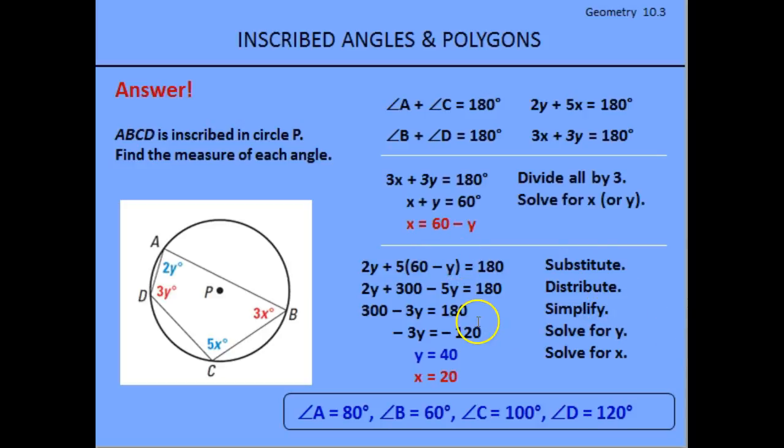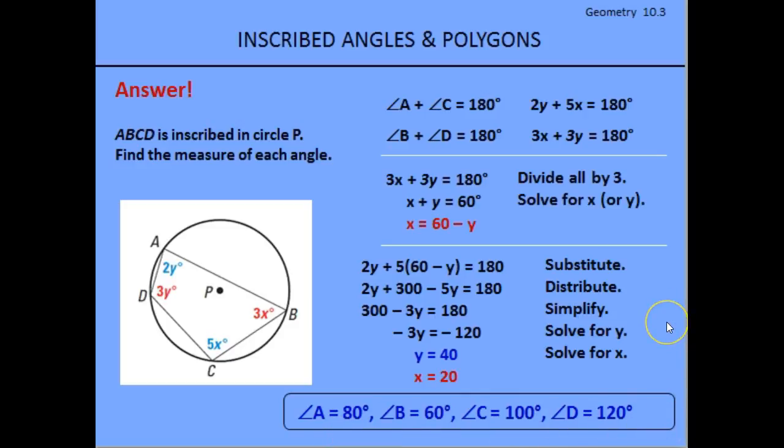We simplify that. Then we're going to solve for y. And then we're going to take what we have for y, y equals 40, and put it right up here in this little equation because that's the simple one. And 60 minus 40 is 20, so x is 20. Then all you have to do is plug in their x's and y's and find out the measure of every one of those angles.